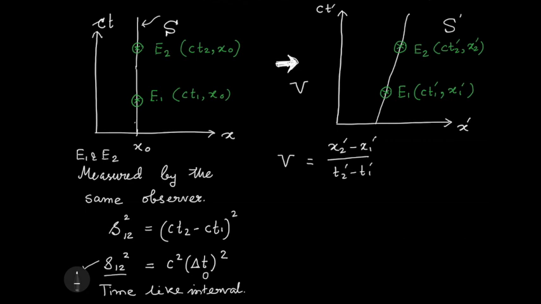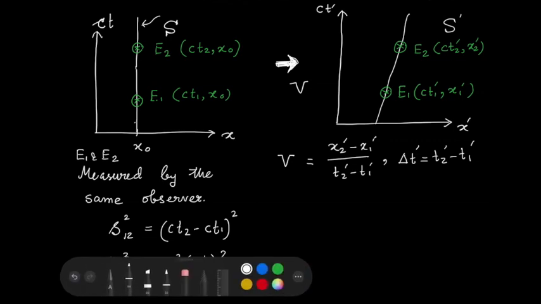What is the time difference in this reference frame? Delta t prime is t2 prime minus t1 prime. That's also nice.